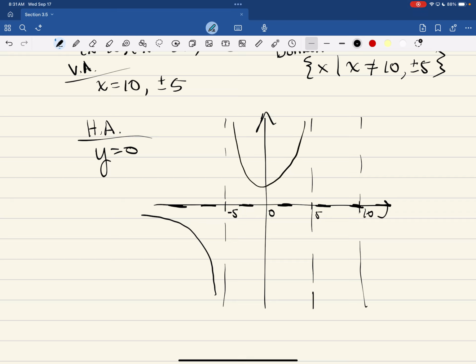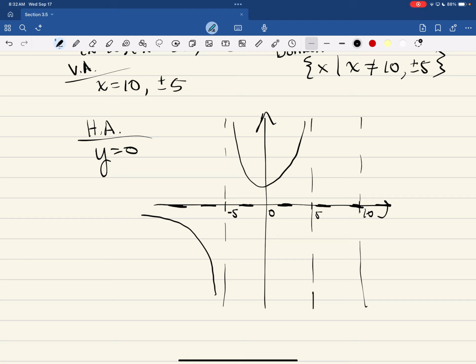So something like that. As you approach negative 5, let's double check that though. As you approach negative 5 from the right, you have numbers like 4.9. This is going to be negative. That's negative, and so we're positive there.